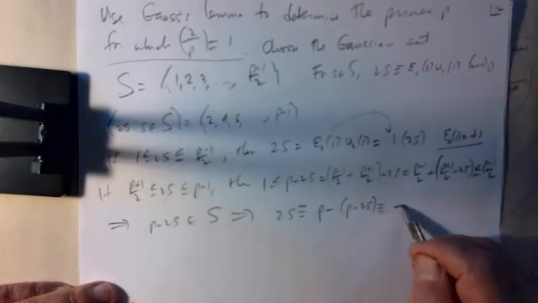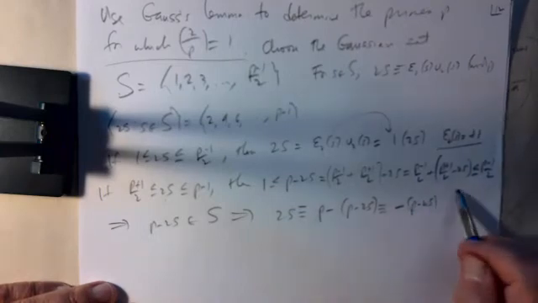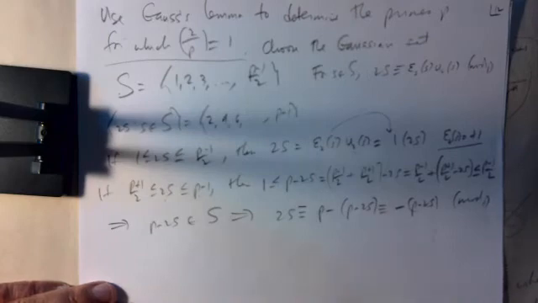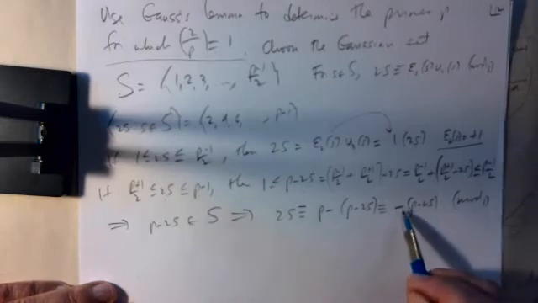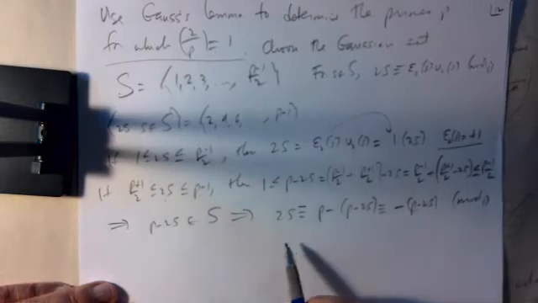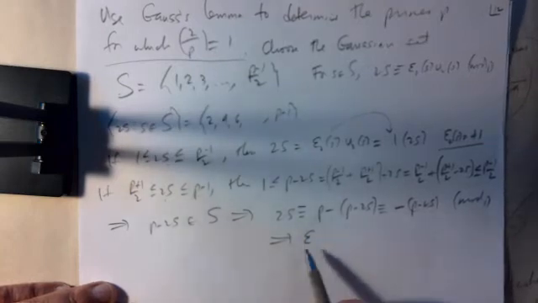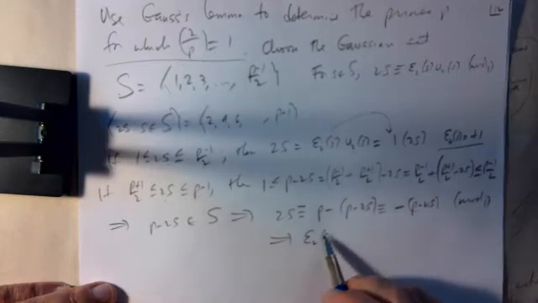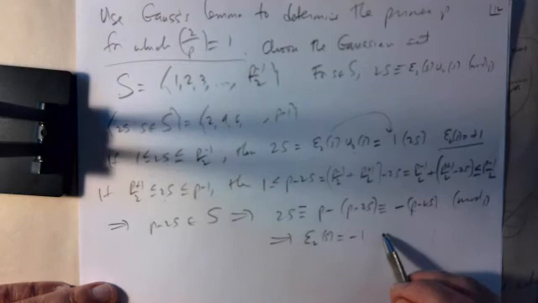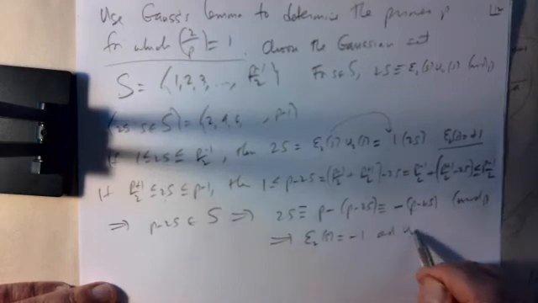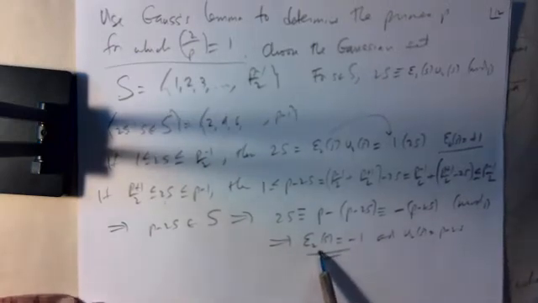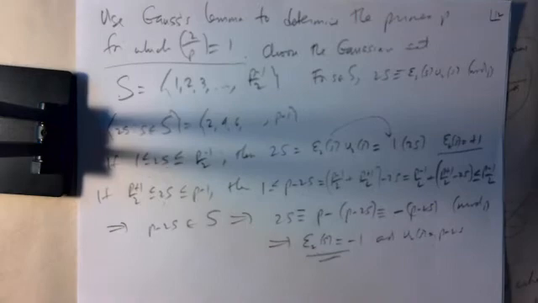So this is the same as minus (p minus 2s) mod p. Aha! Minus 1 times (p minus 2s). So epsilon sub 2 of s is equal to minus 1, and u sub 2 of s is p minus 2s, but in this case, epsilon sub 2 of s is minus 1.